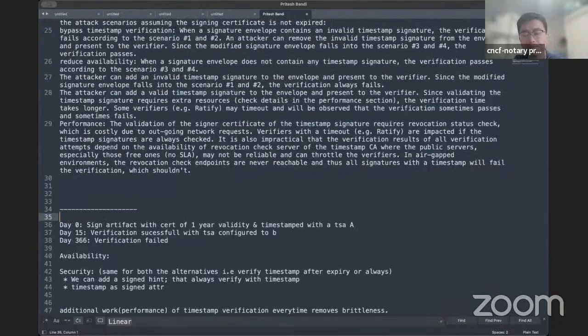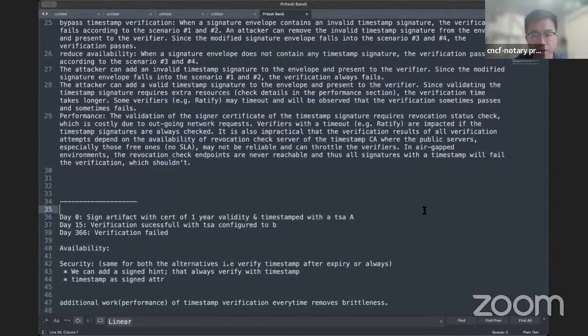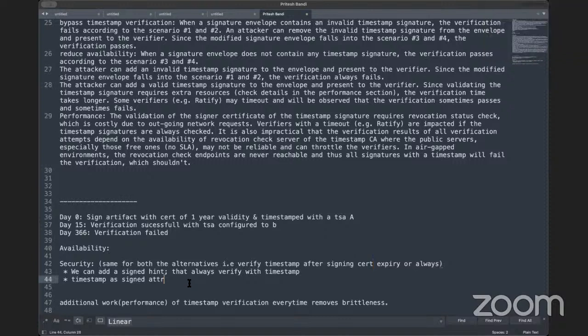Shui or Patrick, any comments on this? So if we always verify the timestamp and see everything works fine, but when the signing certificate expires, at the same time the TSA's cert is revoked, do we still have the same issue?